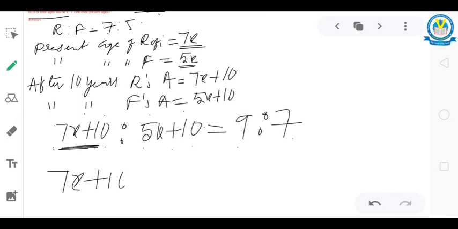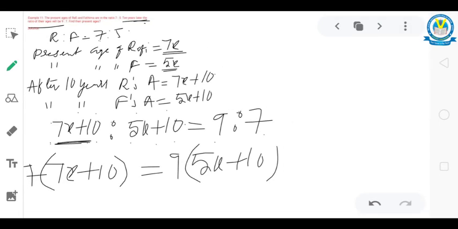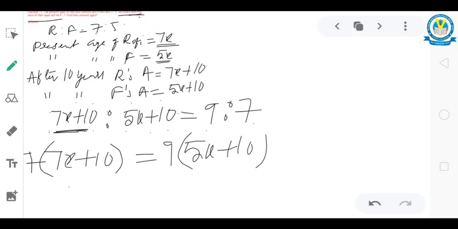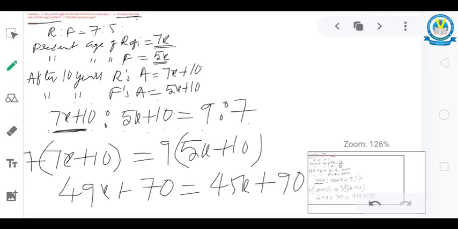7x plus 10 into 7 equals 5x plus 10 into 9. So 7 into 7, 49x plus 7 into 10, 70. 9 into 5, 45x plus 9 into 10, 90.